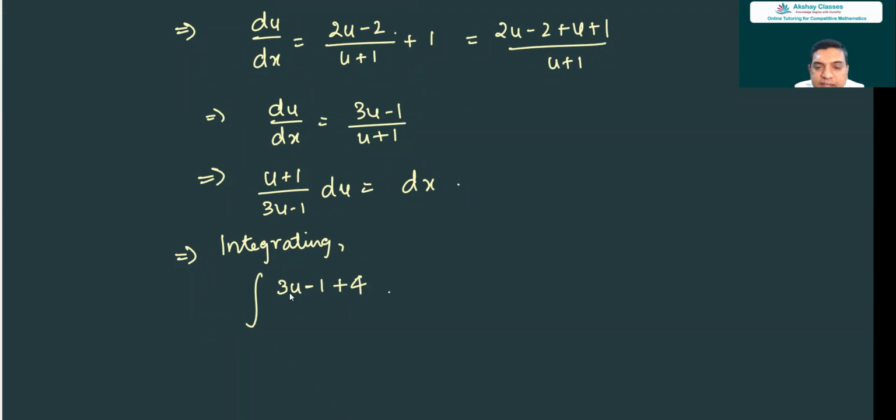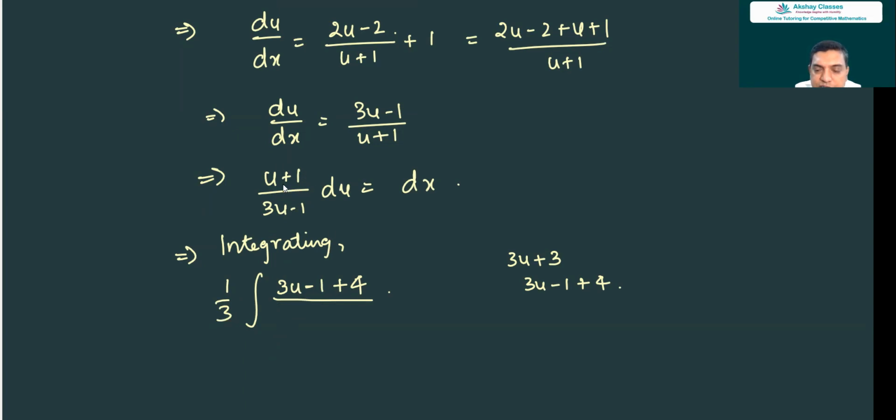So what do I get? 3u plus 3. So what I did, 3u plus 3, I have written as 3u minus 1 plus 4 on purpose, and divide this upon 3. So what I get in the numerator is 3u plus 3 divided by 3, I'll get u plus 1.